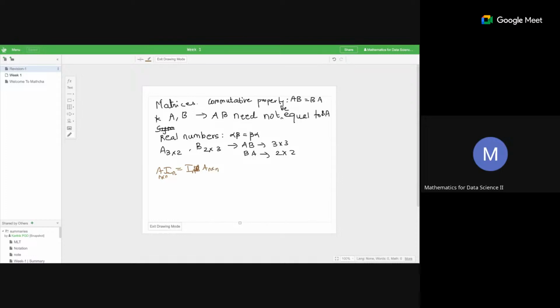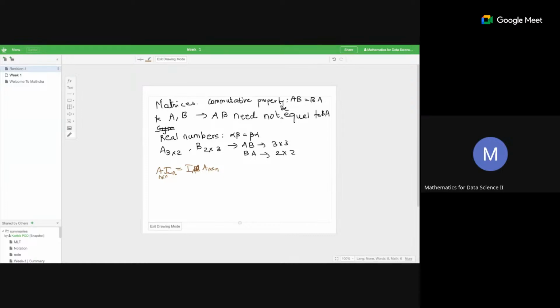So you can see the associativity properties. Addition is associative, multiplication is also associative. That means you can change the brackets when you have three matrices and you are performing addition or multiplication, right? Commutativity of addition is possible. The commutativity is not possible only for multiplication.